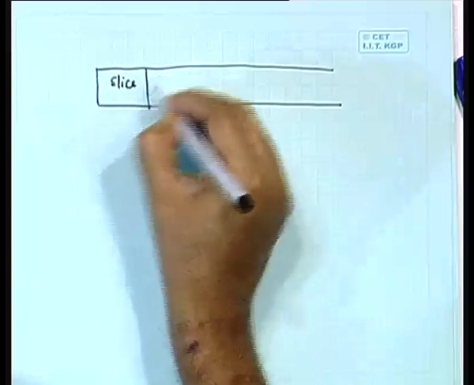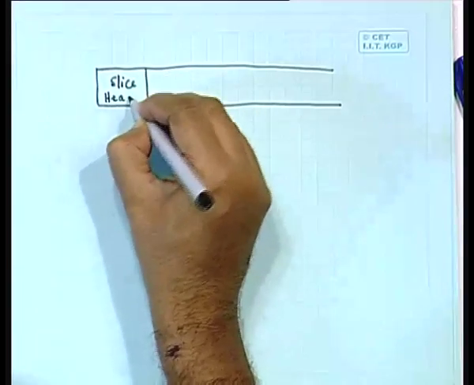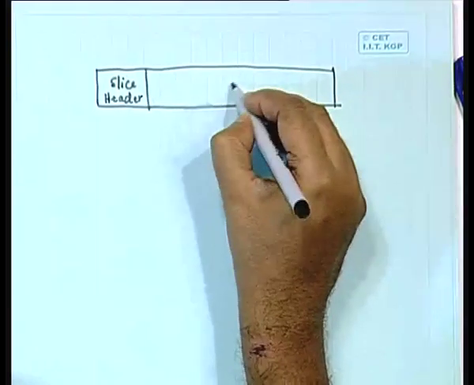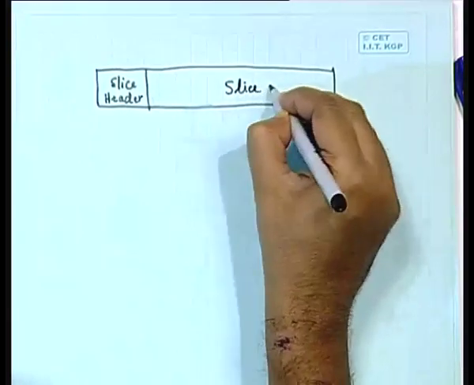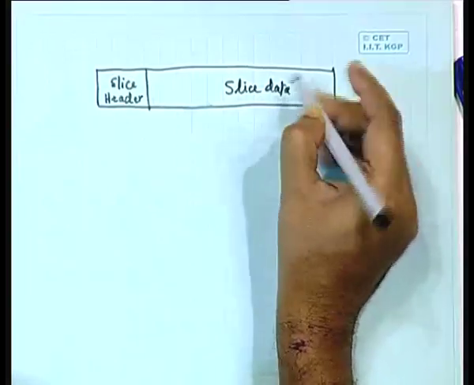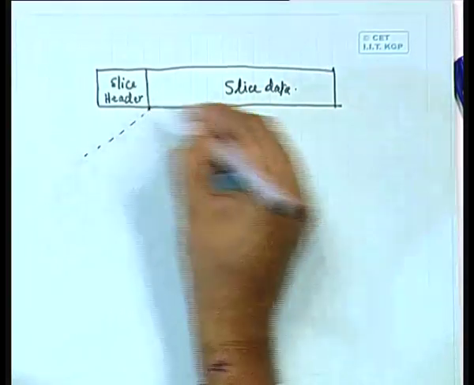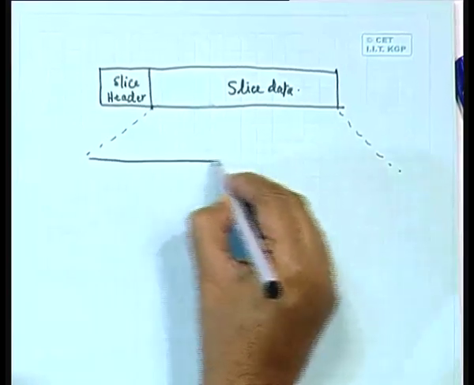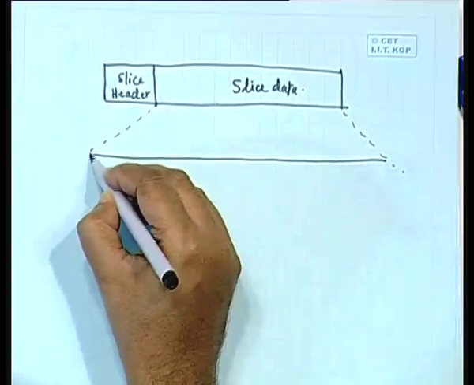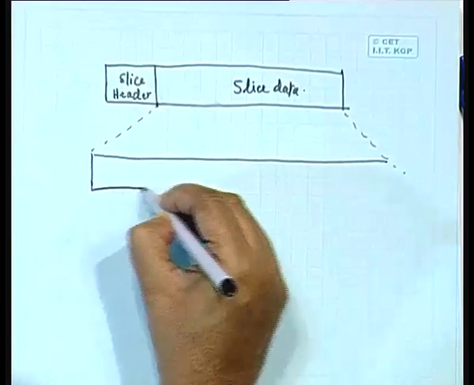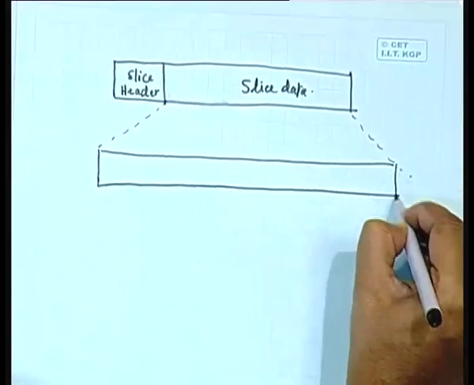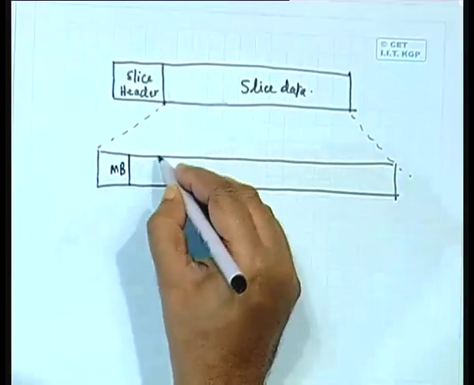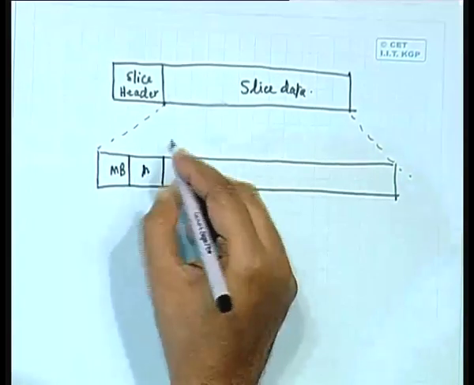The slice header is followed by the slice data, and the slice data consists of the macro block information, because a slice, as I told you already, is composed of macro blocks.